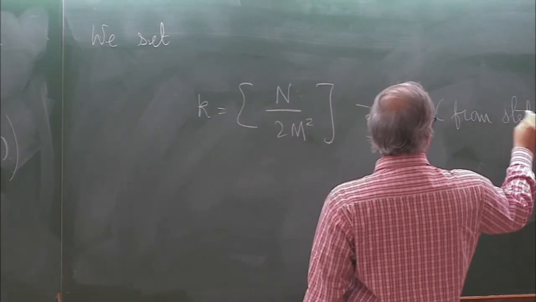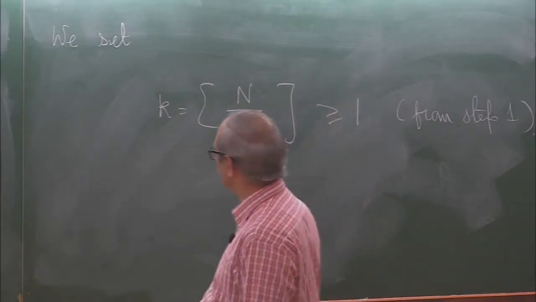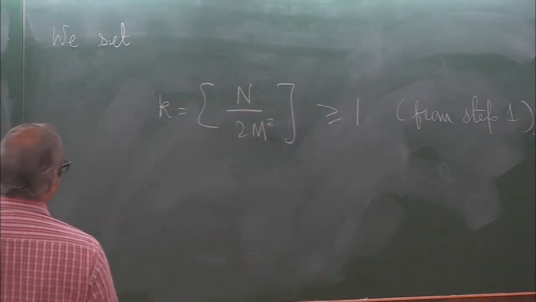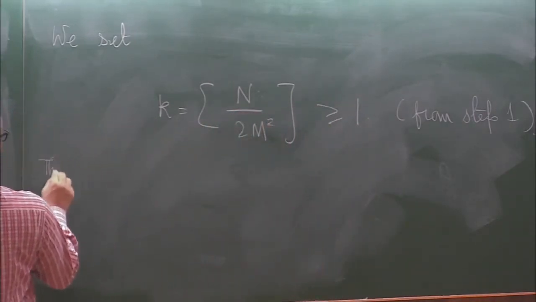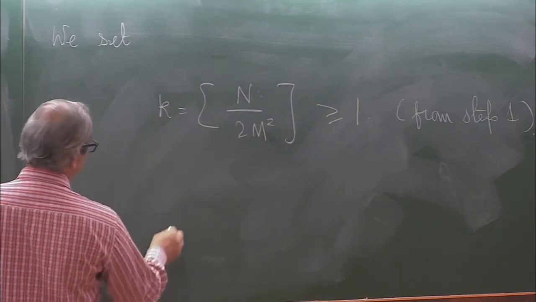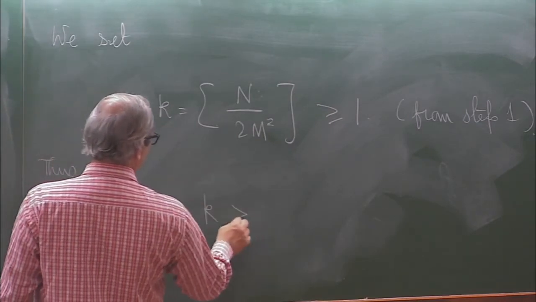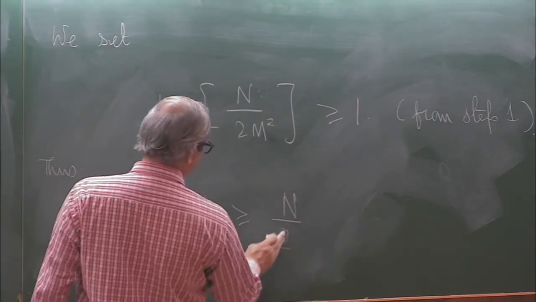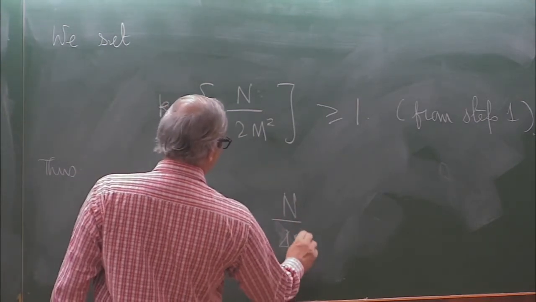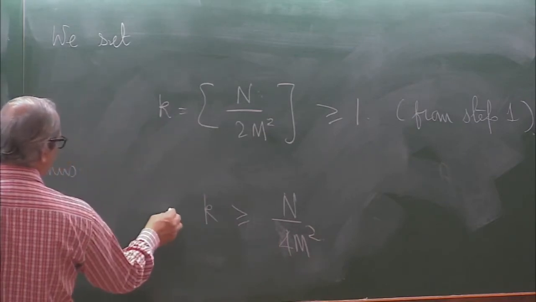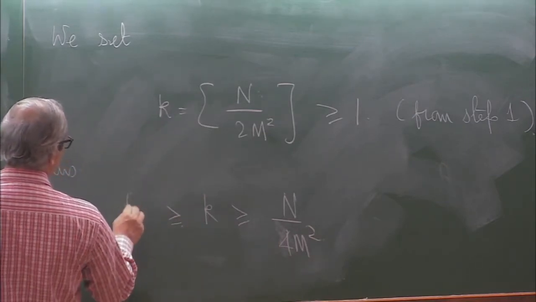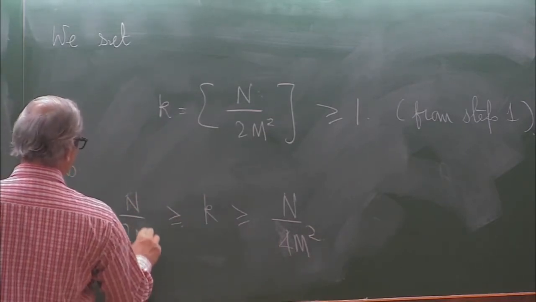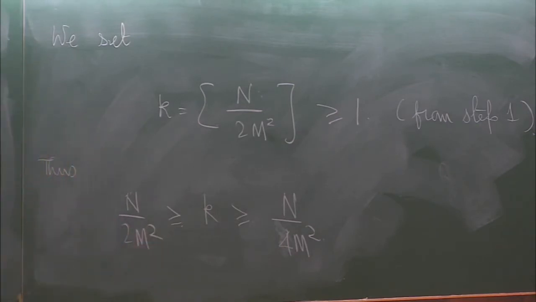So this is greater than or equal to 1, and therefore you have that k is greater than or equal to half of the inside value, which is n by m square, and is less than or equal to n by 2m square. Okay, because k is bigger than or equal to 1.